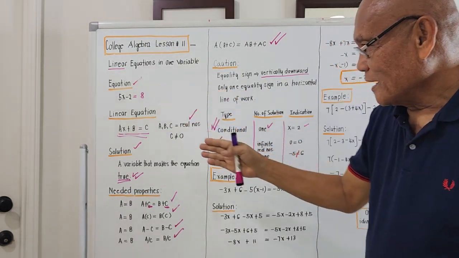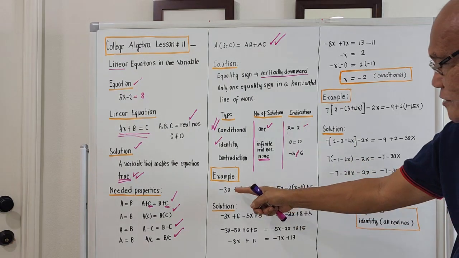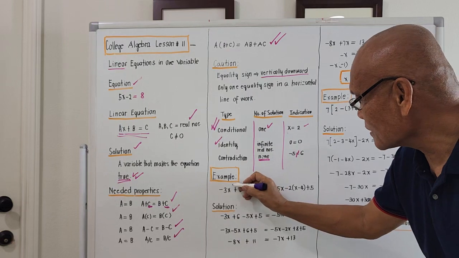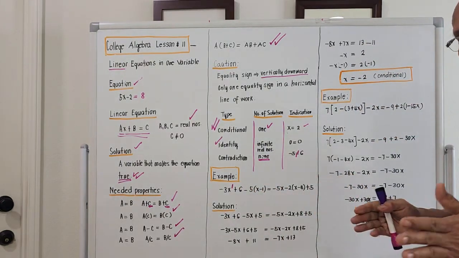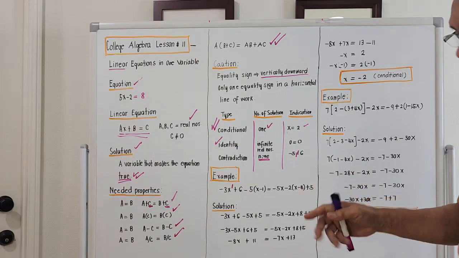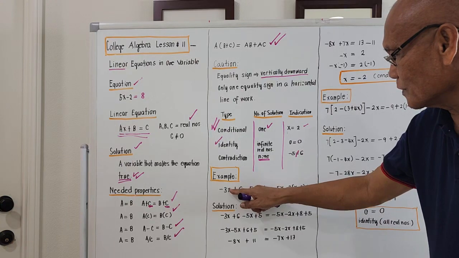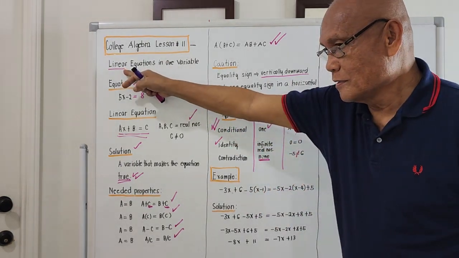Okay, how do we know if it is linear? The power of x is just 1. x is simply the same as x to the first, but under algebra, if we do not put the power, it is understood to be unity. So, the given example number 1 involves a linear equation.